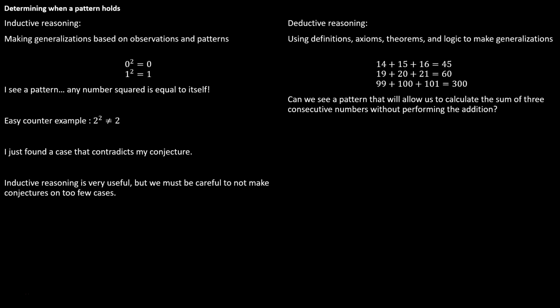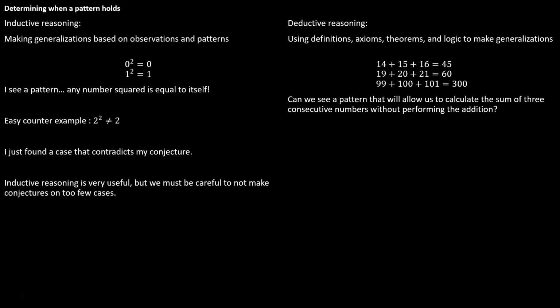So 14 plus 15 plus 16, of course we could type that into a calculator. We could probably add it up in our heads, but can we find that sum without doing that? Same with 19 plus 20 plus 21. Same with 99 plus 100 plus 101, or any 3 consecutive numbers.